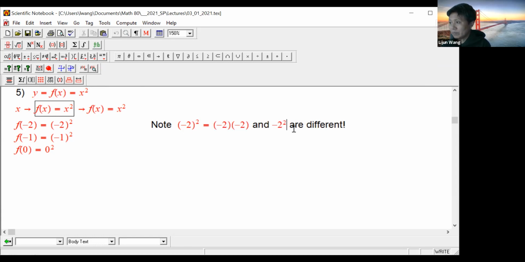The latter equals -2 times 2. So they are different. Okay, I'm just going to give you 2 more inputs. Oh, sorry, 2 more.